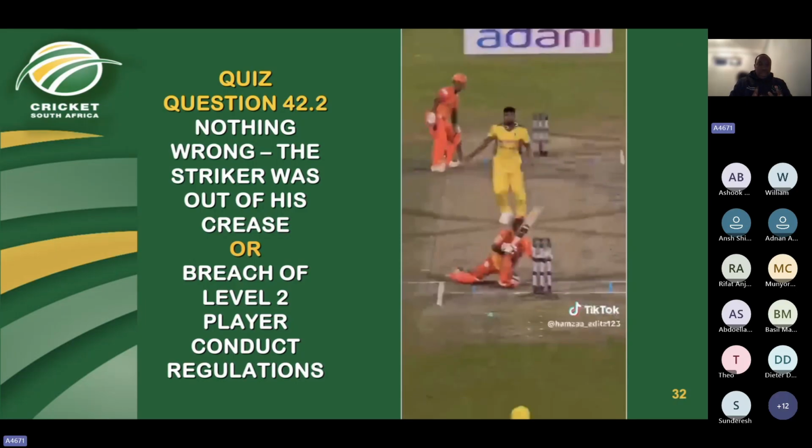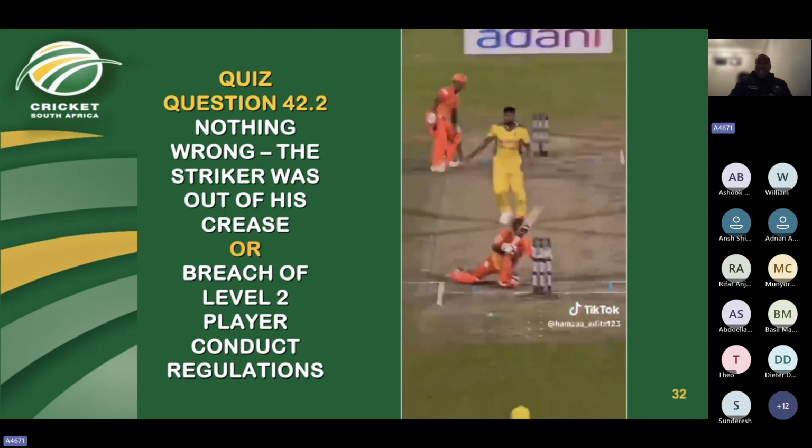The throw is so misplaced, so far away from the stumps and so directly at the striker, that I would have a chat with my partner, and my opinion would be this is a reportable offense, level 2, bowler throwing the ball at the striker.